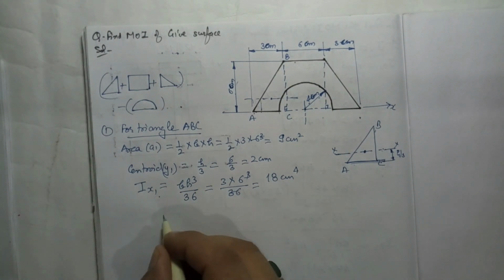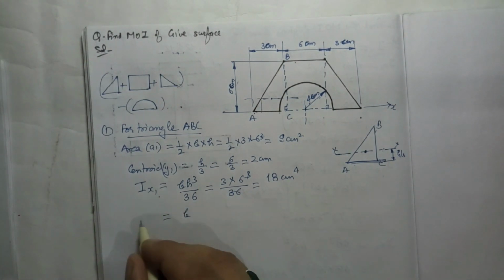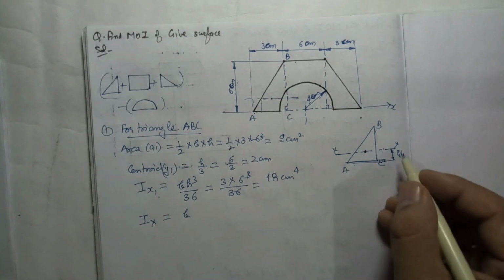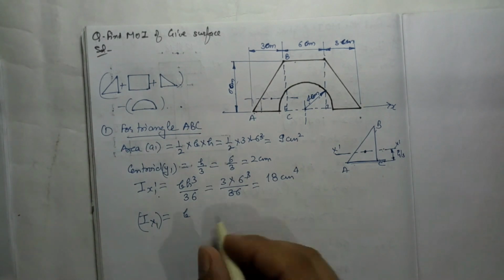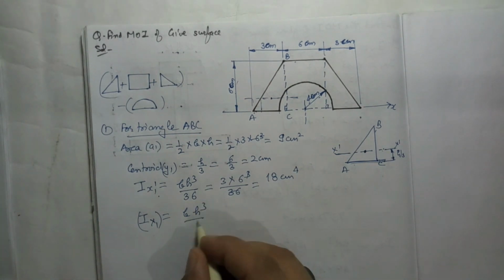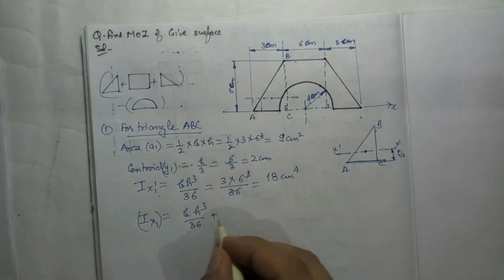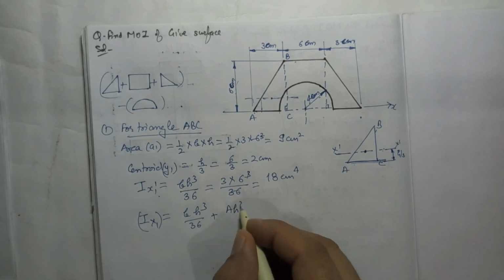Now this is the moment of inertia about the centroid axis, but I have to shift it here. So we take it about the x axis, not about the x dash axis. We know bh cube by 36, the same formula we have calculated, plus A into h square.